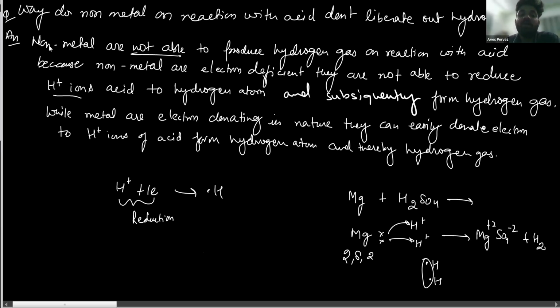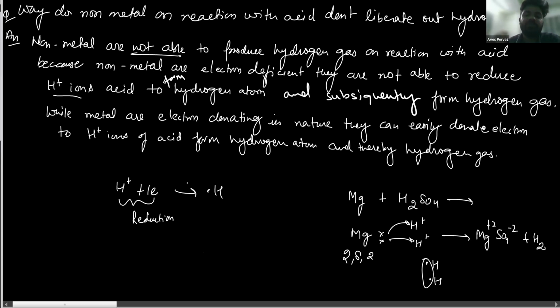Read it again. Non-metals are not able to produce hydrogen gas on reaction with acid because non-metals are electron deficient. They are not able to reduce. Reduce H plus ion means they are not able to add electron to the H plus ions of acids to form hydrogen atoms and subsequently hydrogen gas.